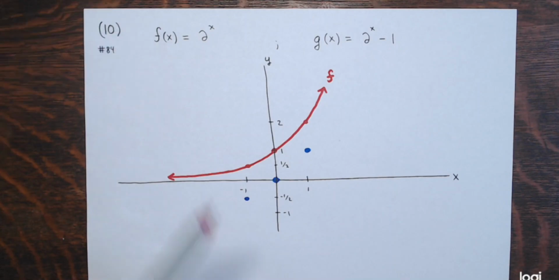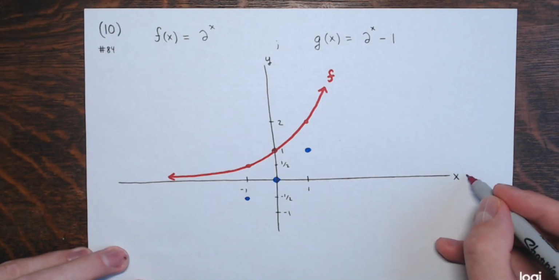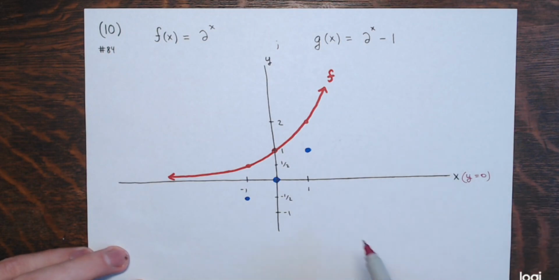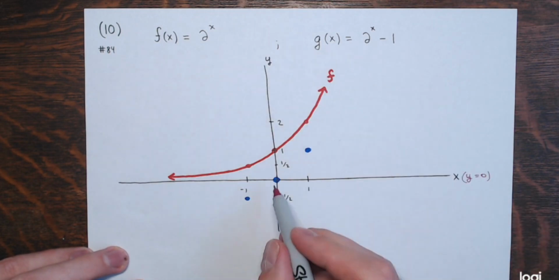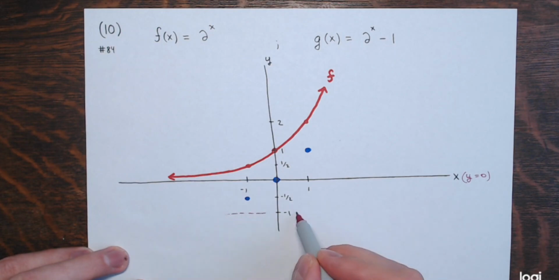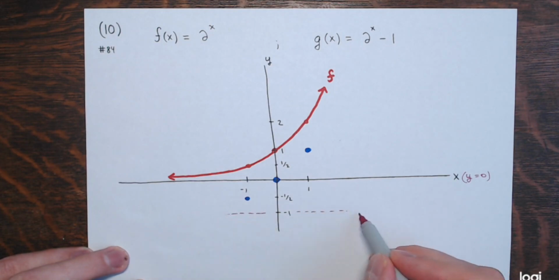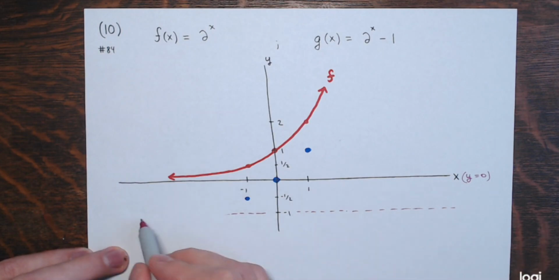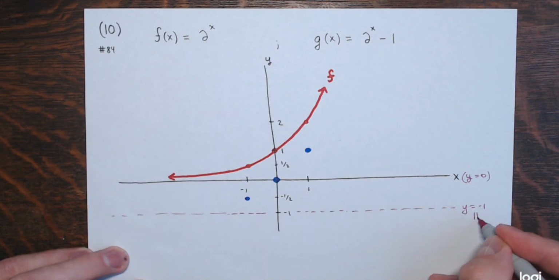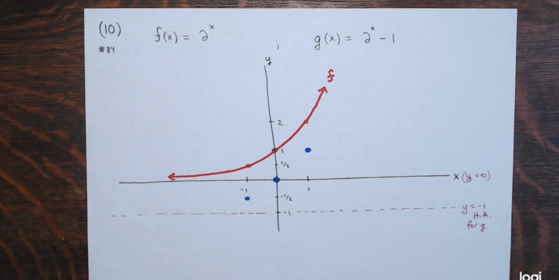And then instead of the x-axis, y equals 0, being the horizontal asymptote, now for the graph of g, just move that down 1. Make another dotted line here at y equals negative 1. Right, there's y equals negative 1. There's the horizontal asymptote for g, right, for function g.